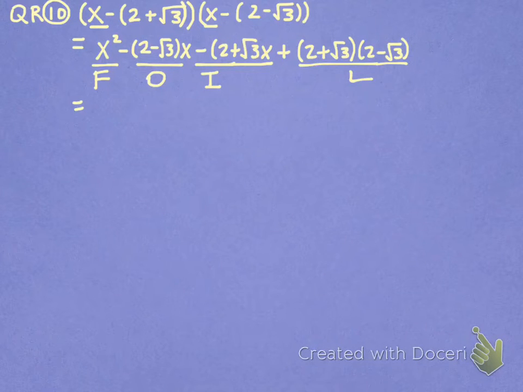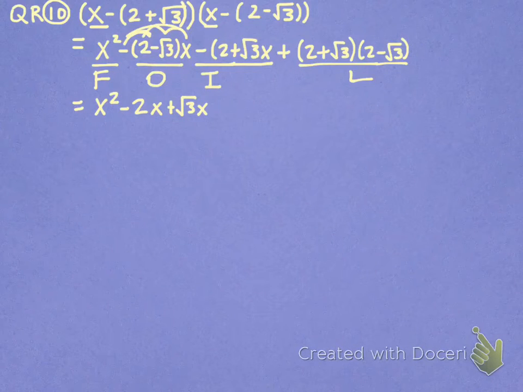x squared minus (2 minus the square root of 3)x. Basically what we're doing here is distributing both the negative and the x back in on each one. So negative 2x will be the first term after I bring down my x squared. So I have minus 2x, and then a minus times a minus is a plus, the square root of 3x.